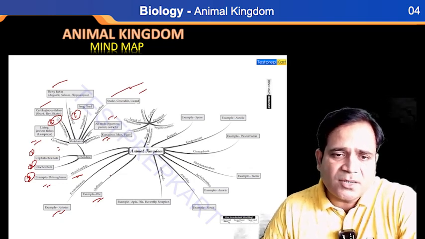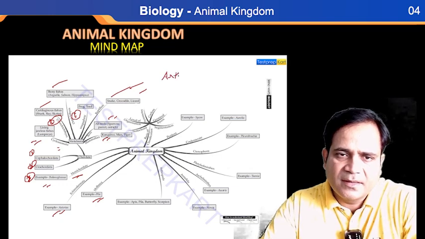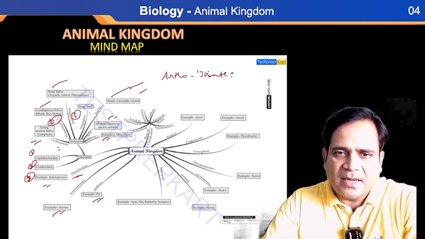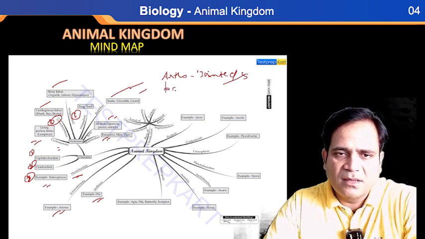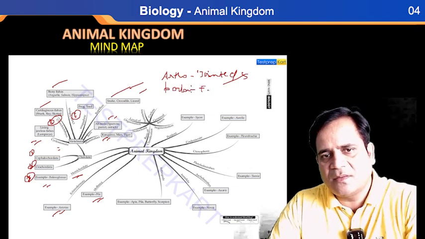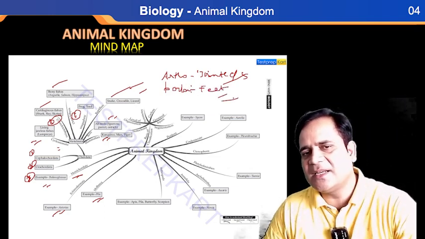Now the thing to know here is Arthropoda. Arthro means jointed. And poda means feet, my dear. So the jointed feet.